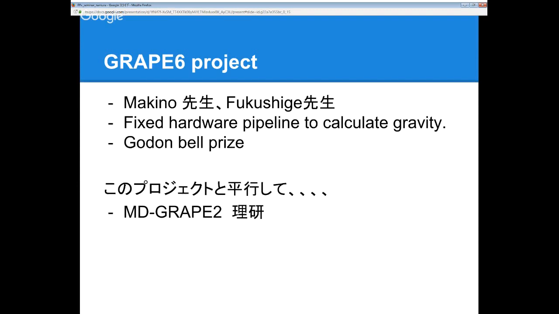Kobayashi-san is famous for logic design, and he has some classes at the University of Tokyo. So Kobayashi-san supported MD-GRAPE-2 because they had much money, so they could pay for professionals. But GRAPE-6 didn't have enough money, so just 3 people, Makino Sensei, Fukushige-san and I, designed this project.